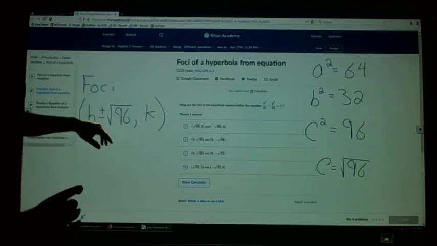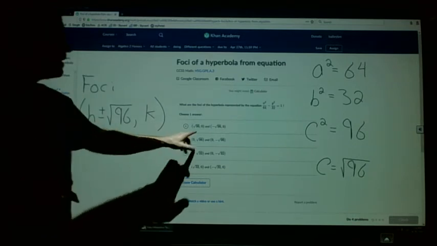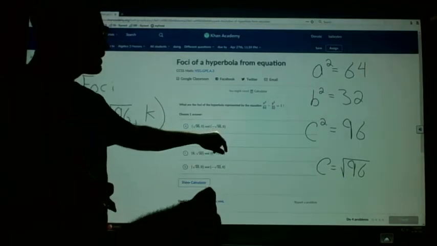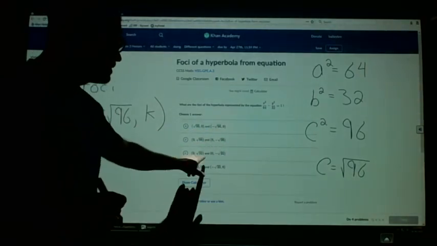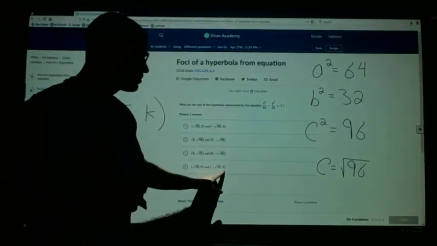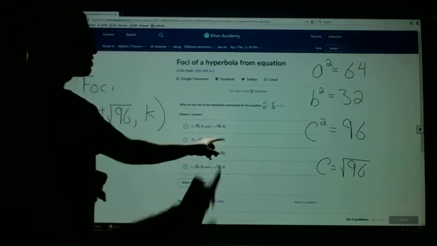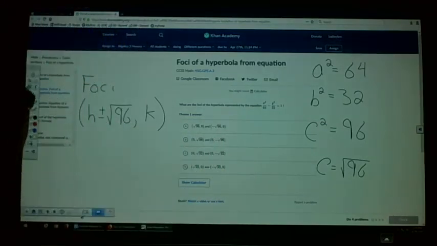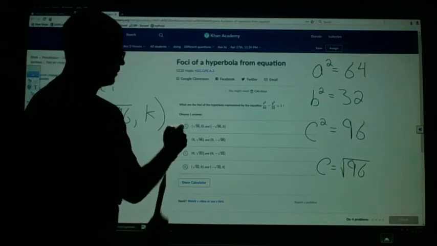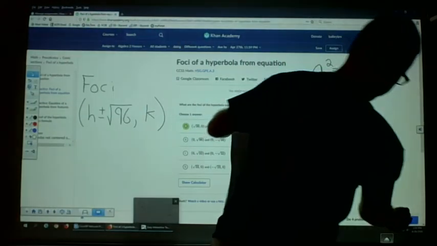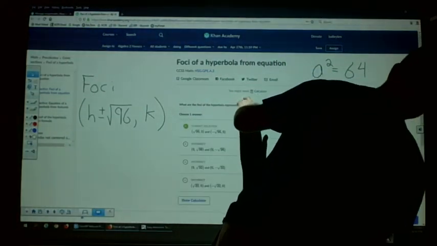And the only one that works there is A, root 96, 0, negative root 96, 0. The other ones either do not have the right value for c or are changing the wrong part of the center. So this one would be A.